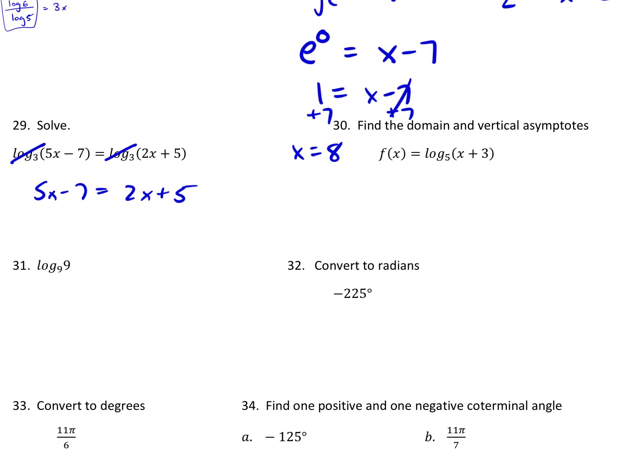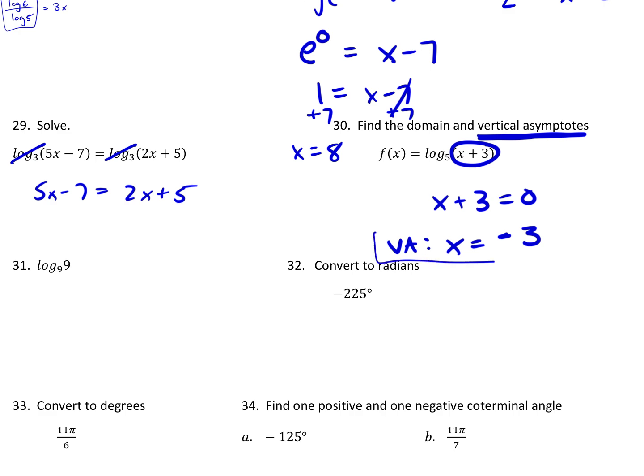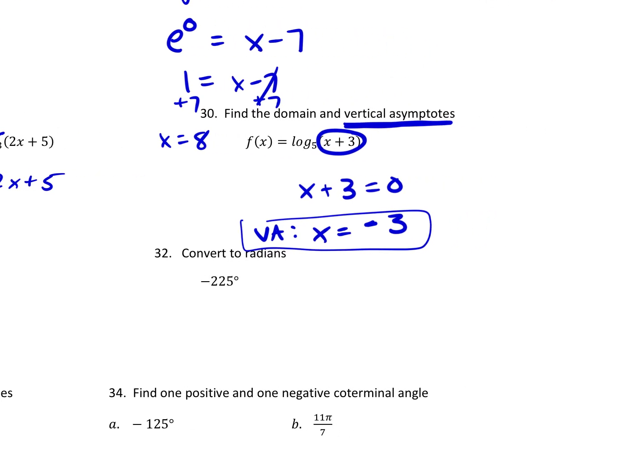So for our vertical asymptotes, just set the parentheses equal to 0. x plus 3 equals 0, so x is equal to negative 3. Our log graph looks like this, or if it flipped, it could look like this.